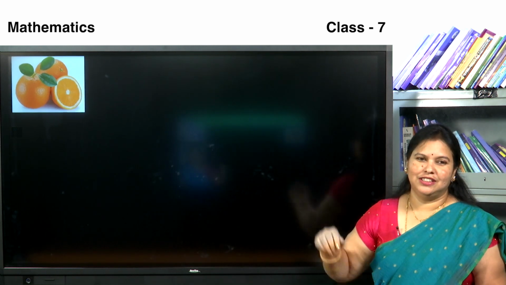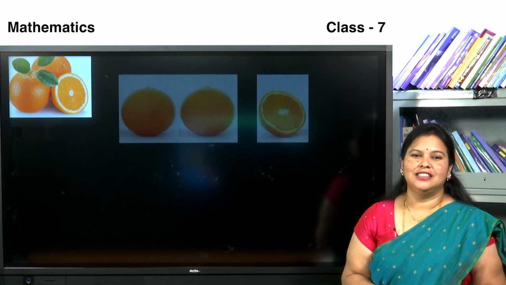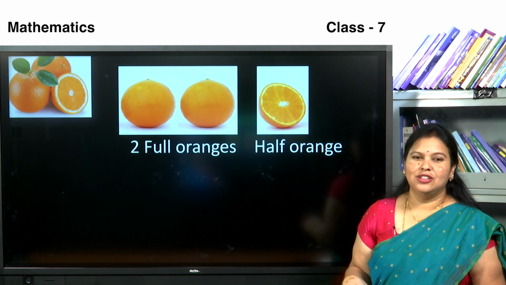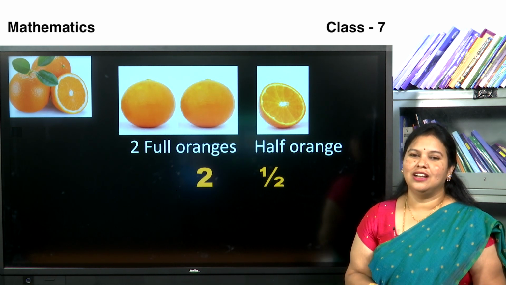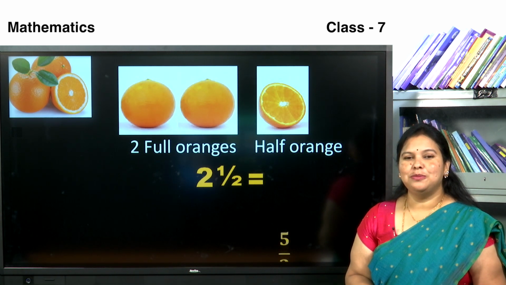Looking at the given figure, can you tell me the number of oranges here? Yes, here 2 full oranges and half orange is there. So we have a total of 2.5 oranges which can be written as 5 by 2.